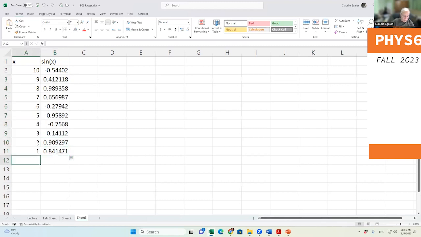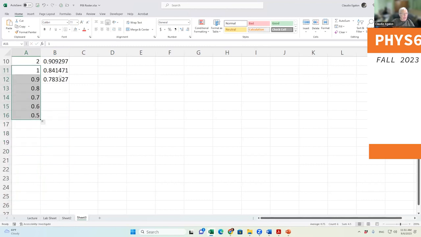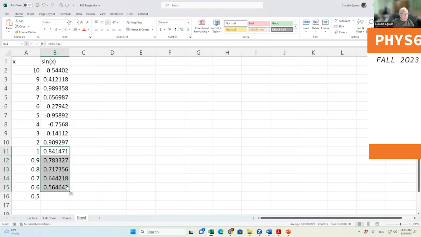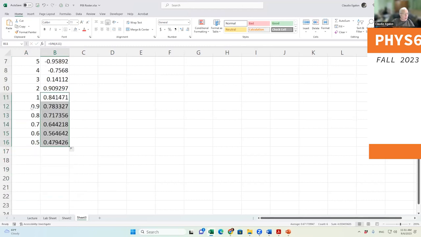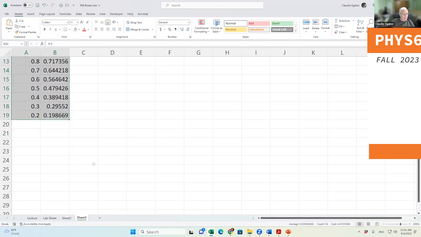And now I'm going to do the following. I'm going to start to write down 0.9, 0.8, 0.7, and let's see what happens. Right now, I'm just taking the values of sine and x.